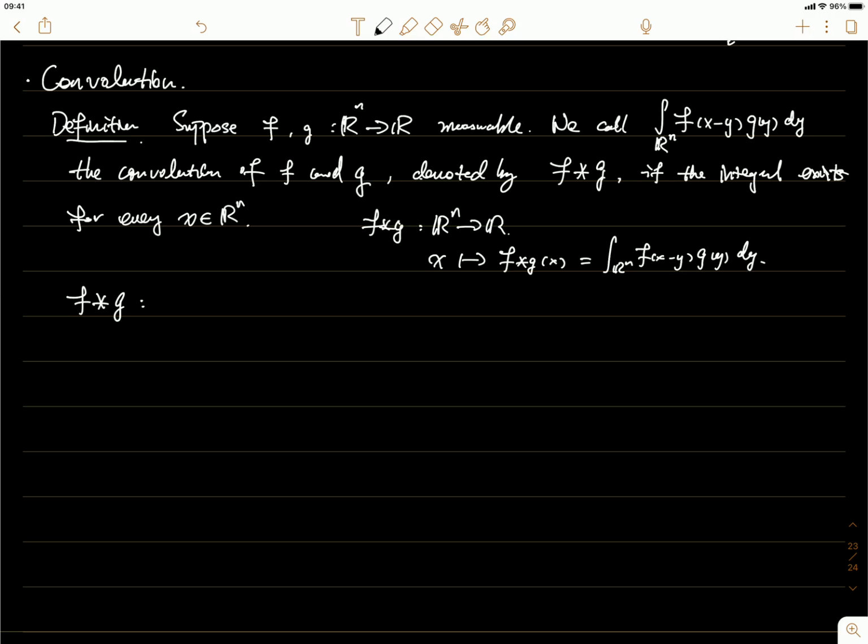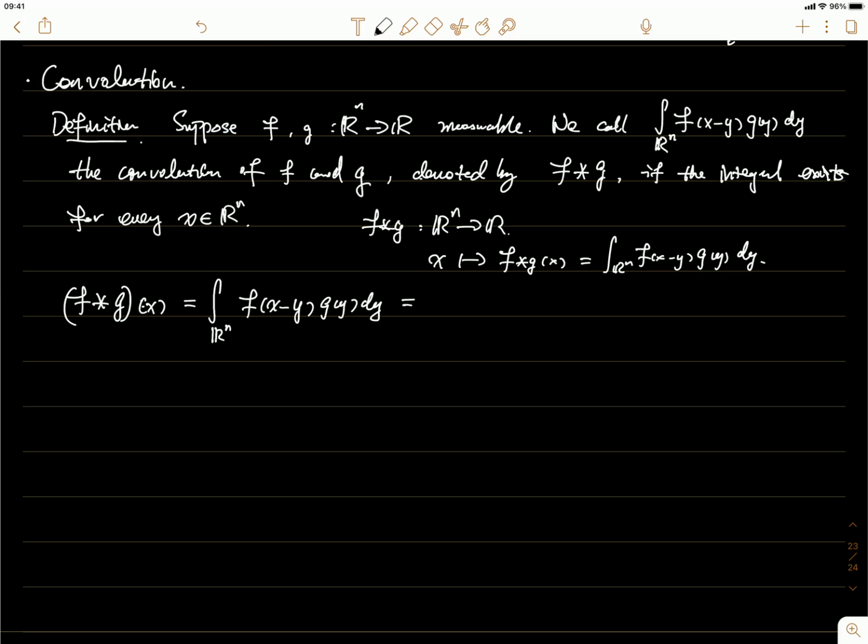Then we can check the convolution of f and g according to our definition is equal to the integral over Rn of f of x minus y, g of y dy, right? We can always think of this as y equals y1 through yn.